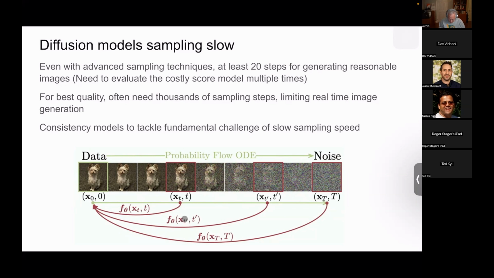So function f theta for any noise at time step t in one step should give you this.